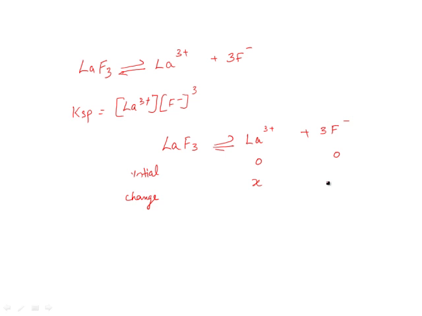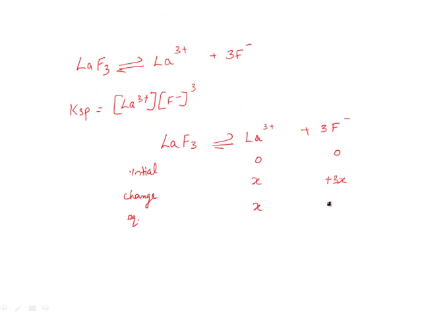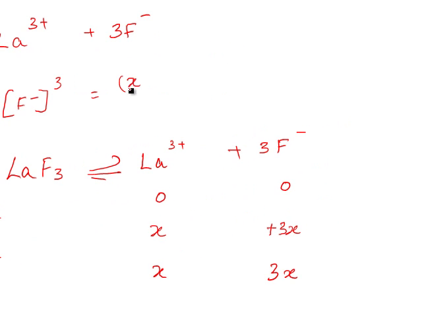It will be 3x, right? Because every mole of LaF3 will give 3 moles of F-. So at equilibrium, La3+ will be x and F- will be 3x, correct? Okay, now let's substitute that into our KSP expression. So La3+, which is x, multiplied by F-, which is 3x, raised to the power 3.